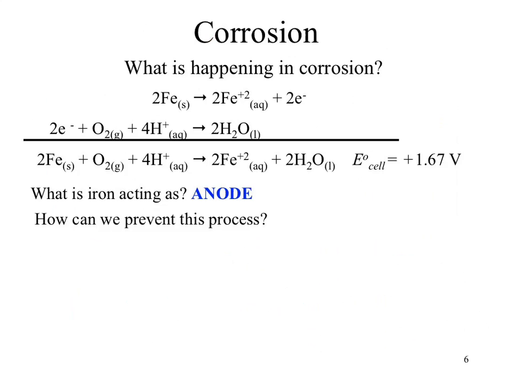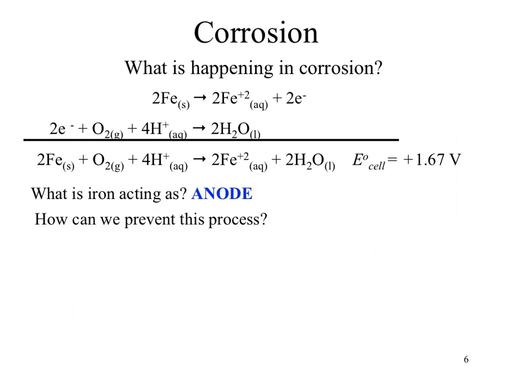So what we want to do is protect that iron surface. So we could coat it in some material. That material needs to prevent what? Even easier than that. The only reason the electron transfer occurs is because something's there to accept those electrons.